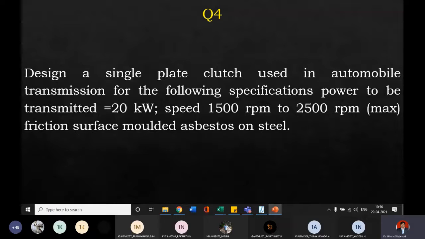Now here the friction material is molded asbestos on steel. Take a screenshot of this. If you do not have the data handbook, this is volume 1, chapter number 19.